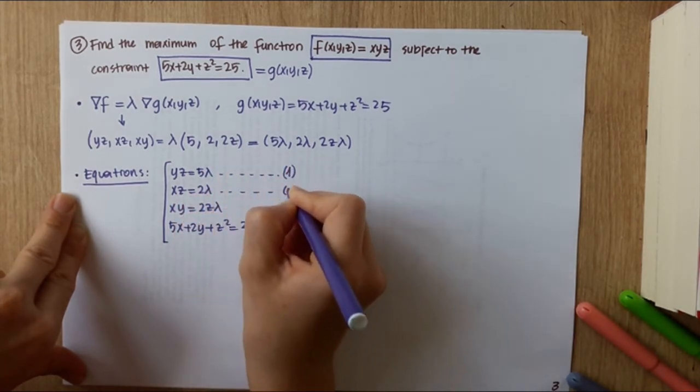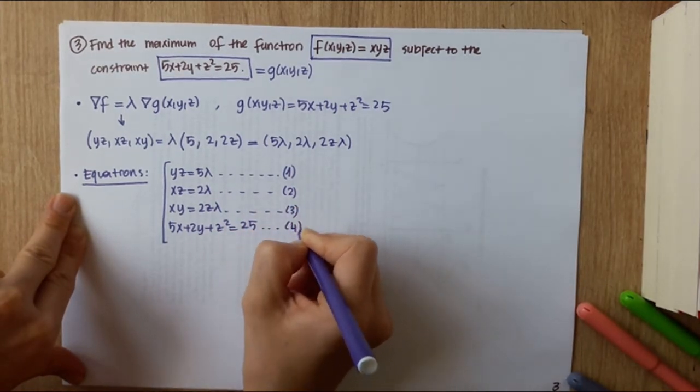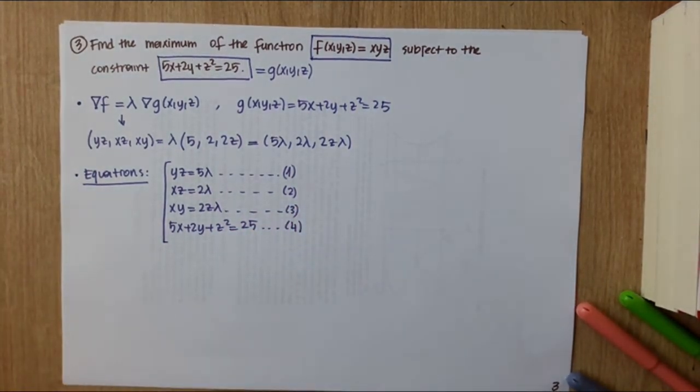We have 4 different equations, and we want to find x, y, z, and lambda that satisfy these equations at the same time. So first of all, I start by multiplying the first, second, and third equations by x, y, and z respectively. Why?